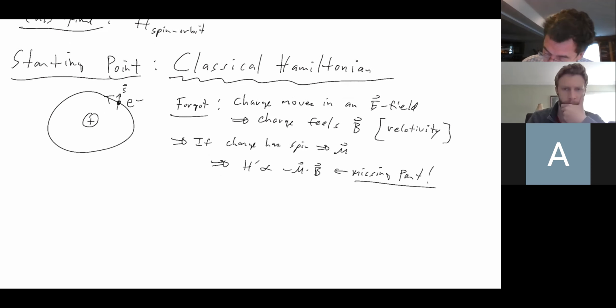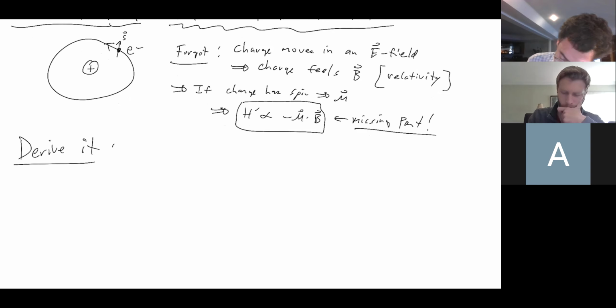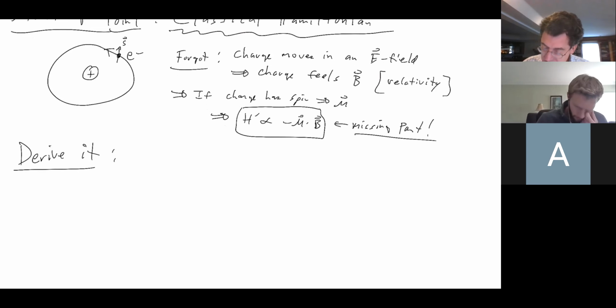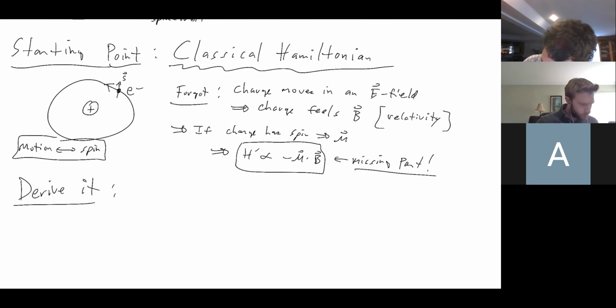And it's actually very important. So let's derive this in more detail. But I want you to understand that it's basically coupling the motion of the electron with the spin of the electron, because this B field comes from the motion and this mu comes from the spin.